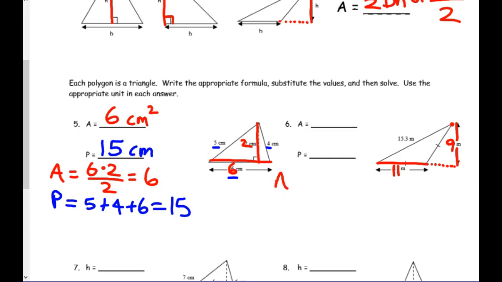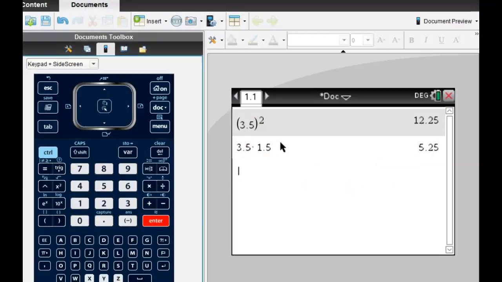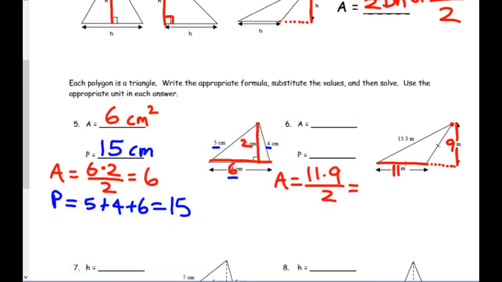All I got to do is base times height divided by 2. So you should get 99 divided by 2. What is that going to give me as a decimal? Remember, you can always do control, enter, 49.5. And we are talking about some meters. Okay?